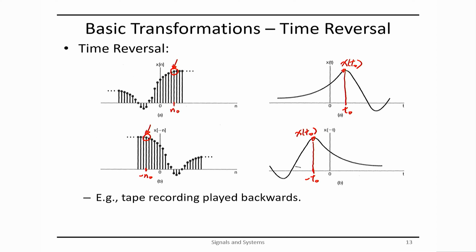Time reversal is just flipping the signal about its origin, and mathematically it's expressed with an additional negative sign in front of the independent variable. An example that's given in the textbook is a tape recording played backwards. I don't know if you know what a tape is these days, but basically, if you just play something backwards, then you're essentially looking at a time reversal of the original signal.